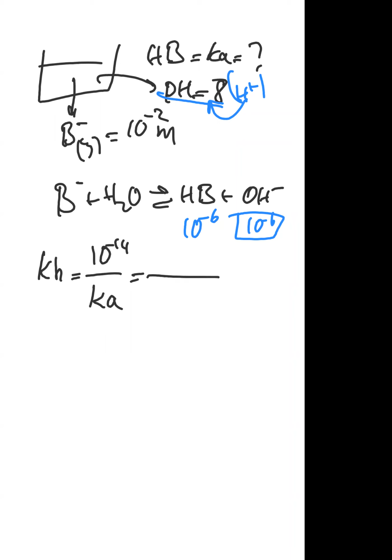Do we have any additional information for this equilibrium? We have the B minus ion's molarity, which is 10 to minus 2. Then what information do we have about water?